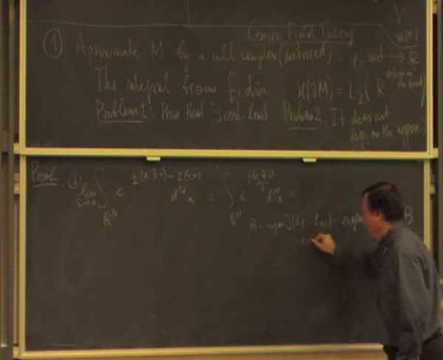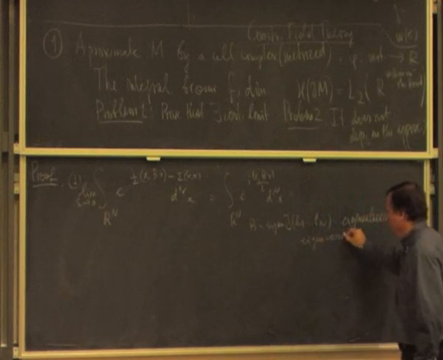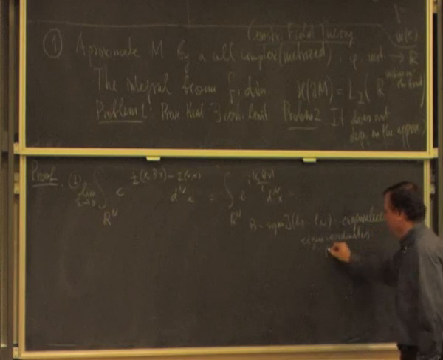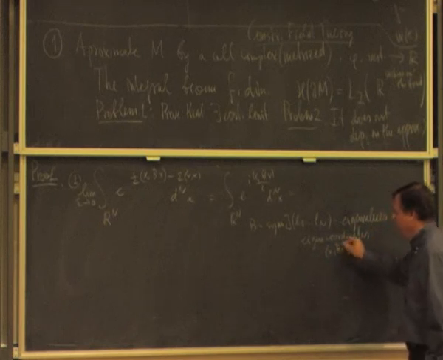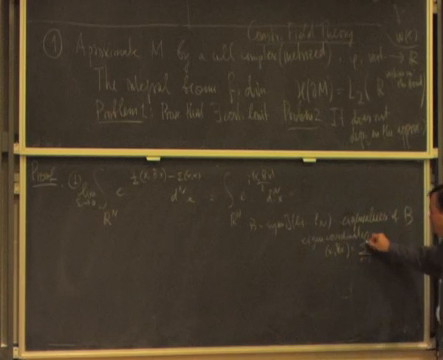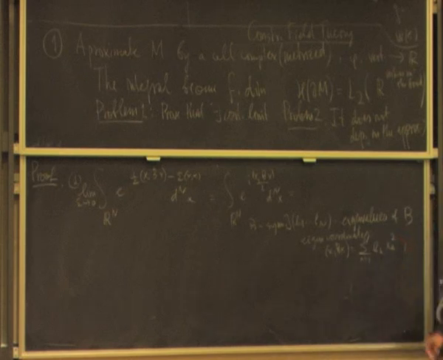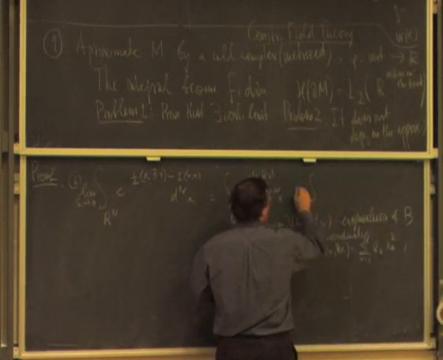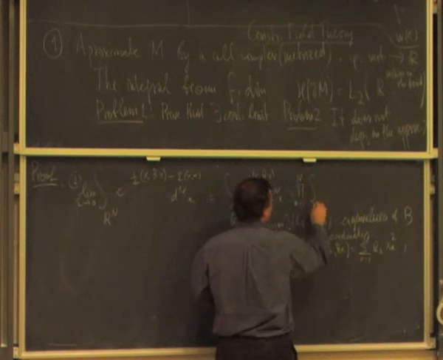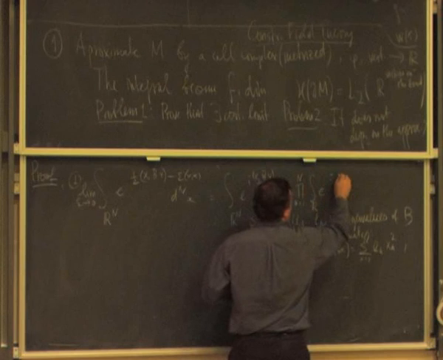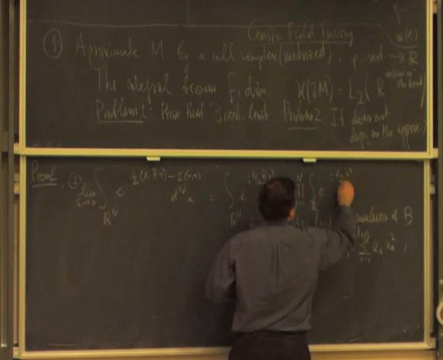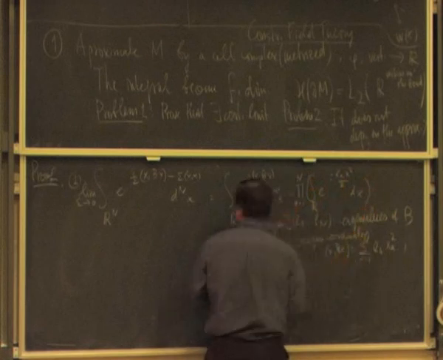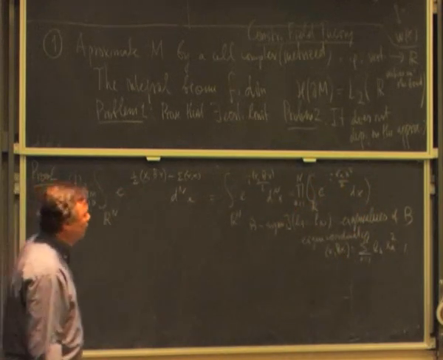If we choose the eigencoordinates, so that x·Bx is equal to the sum over a from 1 to n of b_a x_a squared, then it will be the product over a from 1 to n of the integral over R of e to the i b_a x squared over 2, dx.